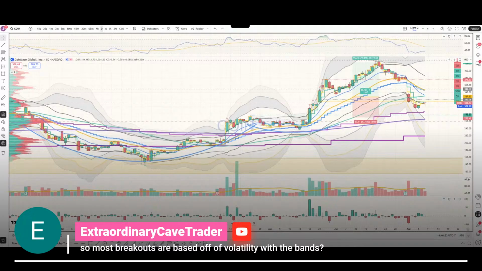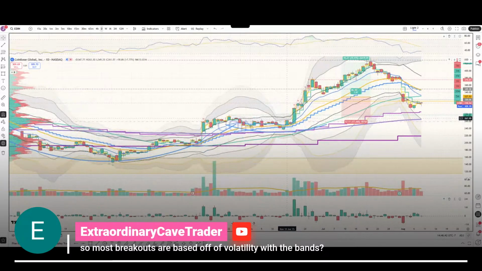So the breakouts are based off of, you want to see the change from that really tightening to starting to get unwound, uncapped. And then you're looking for expansions through them on each time frame, up and up and up. And when you close the candle through the Bollinger Band, that's the signal for that time frame.